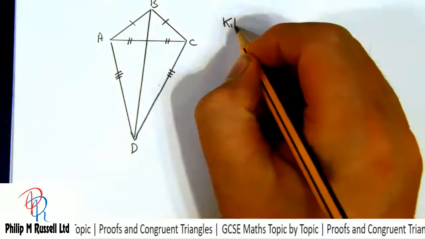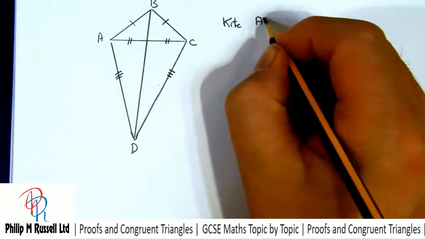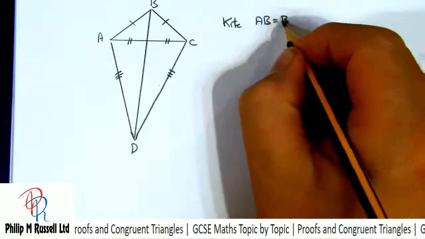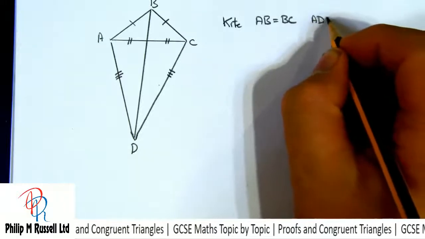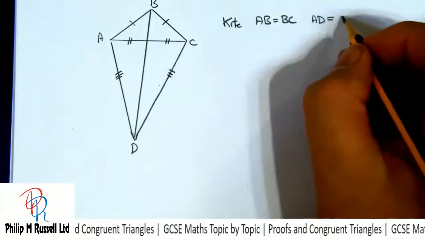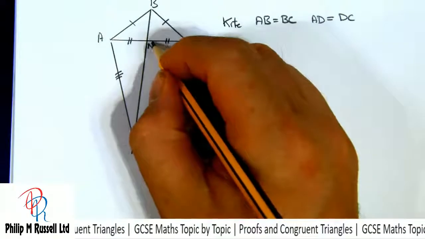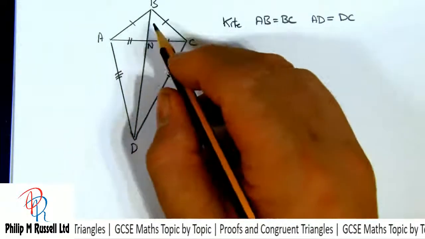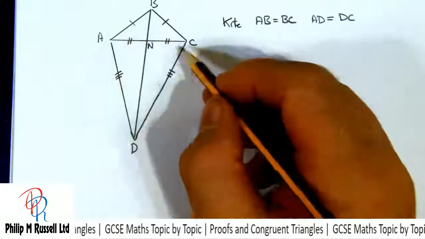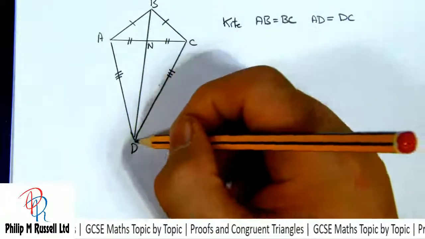So we've got a kite, and we're told that AB equals BC, and we're told that AD equals DC. And we're told that the line AC is bisected by the line BD.